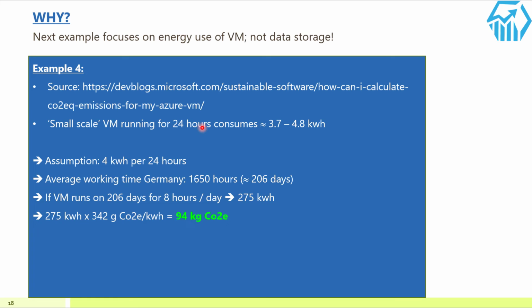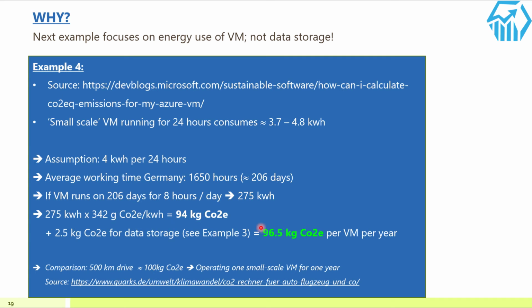So if I take this number and convert it into the working time of Germans, I assume, okay, I'm working in Germany. I run the machine every day, 8 hours per day while I'm working. With the number of hours that a typical German works, we have this number of days. This allows me to calculate the total kilowatt hours that I need to run the machine. And then I can convert this into CO2 emissions. And then we end up here with 94 kilo.